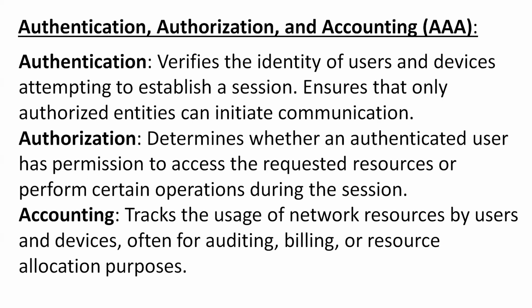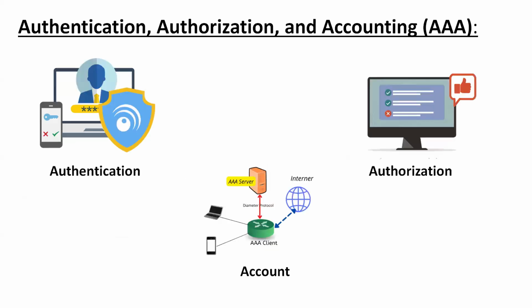Then we have accounting, which tracks the usage of network resources by users and devices, often for auditing, billing, or resource allocation purposes. Or we can say accounting manages the information maintenance of the session. Here the authentication, the authorization, and here the accounting.